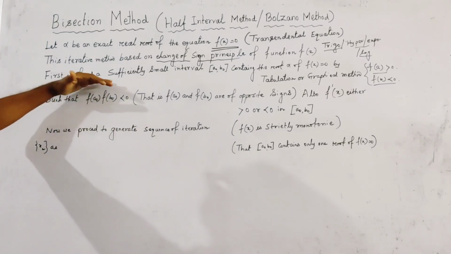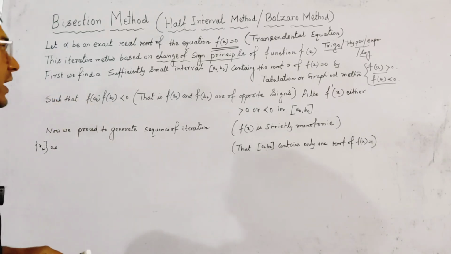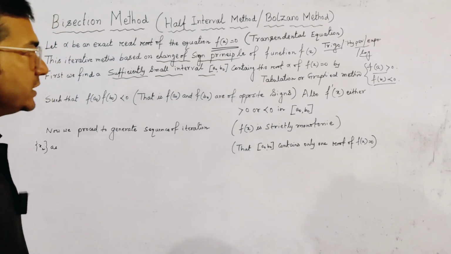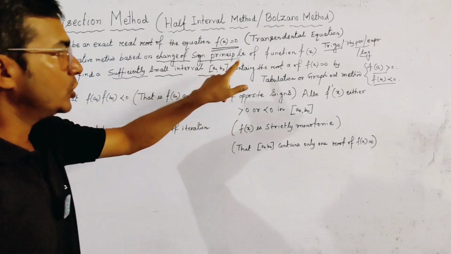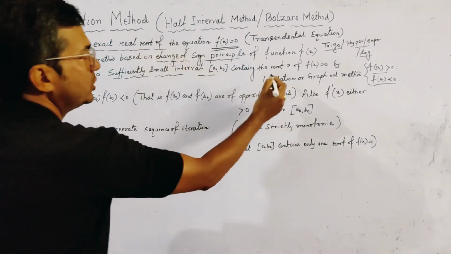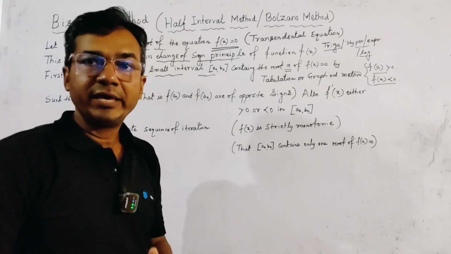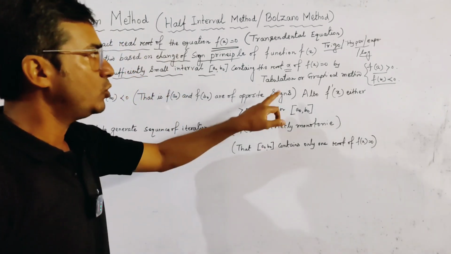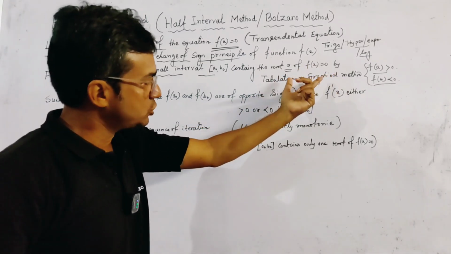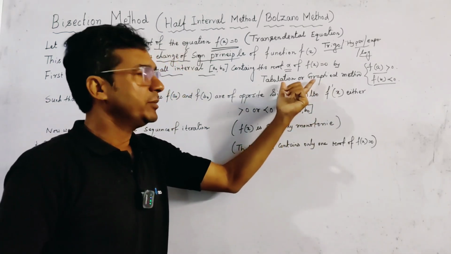Now to use the bisection method, we first have to find a sufficiently small interval [a0, b0] containing the exact real root alpha of f(x) = 0. This can be done by the tabulation method or the graphical method.